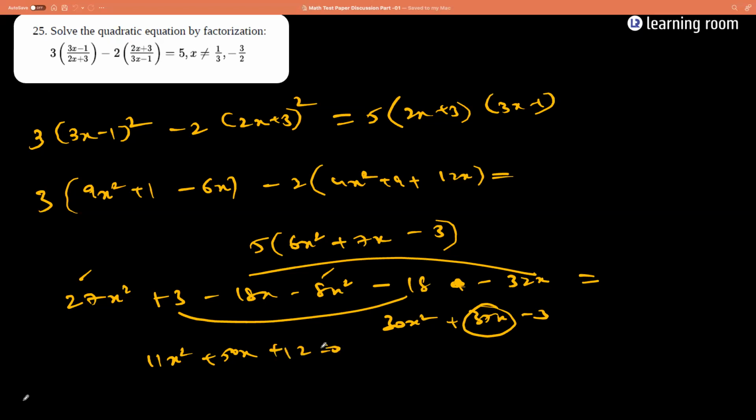Is it right? Sir, no. Here I'll have minus 15. Yes, sir. It will be 11x square plus 77x is equal to 0. Are you getting 77? Yes, sir.